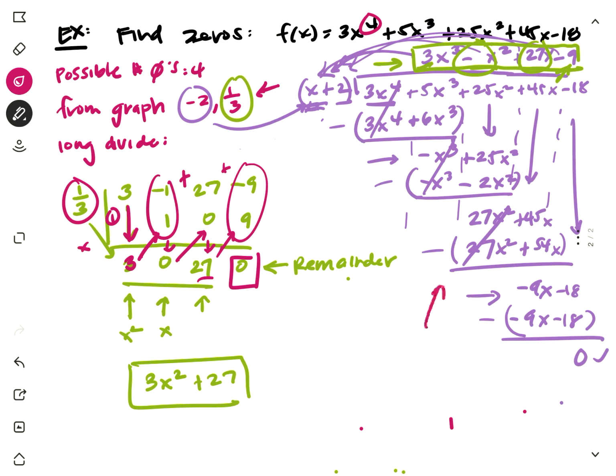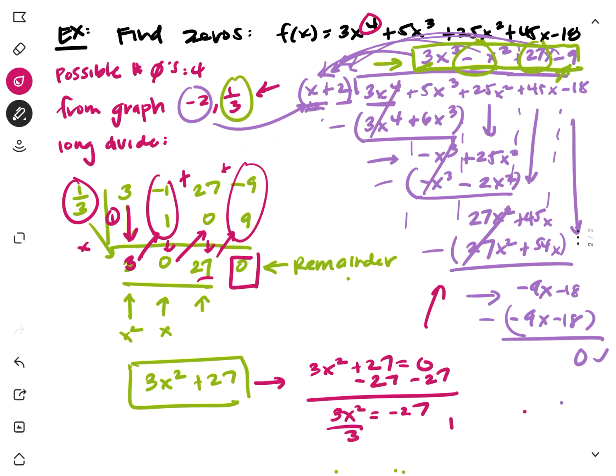Now, we found the 2 zeros, right? There's possibly 4 zeros, but in this case, 2 of them are going to be imaginary. So what we're going to do is set this equal to 0 and solve. So we're going to subtract 27. We're going to divide by 3.